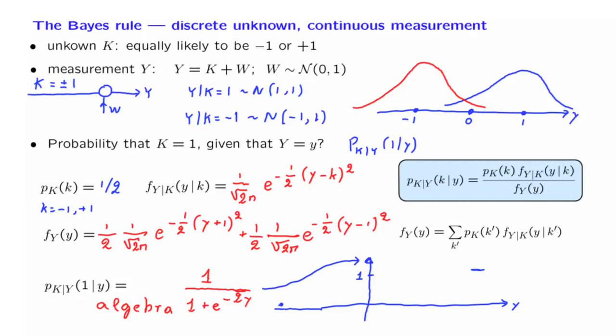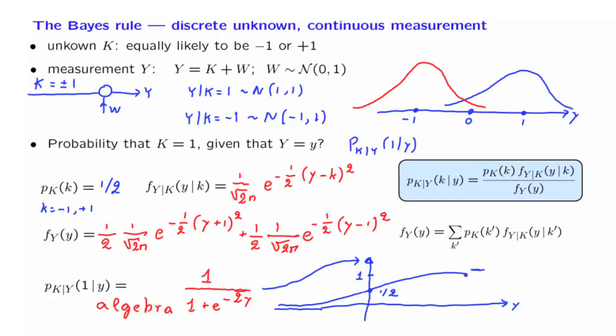So we have a graph that starts at 0, it actually rises monotonically, and in the limit converges to 1. If y is equal to 0, then this term is 1, and we obtain a 1/2.